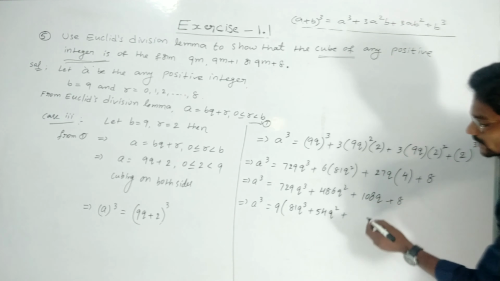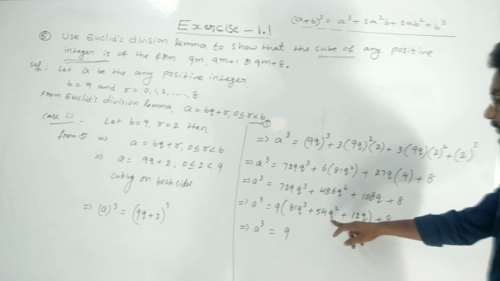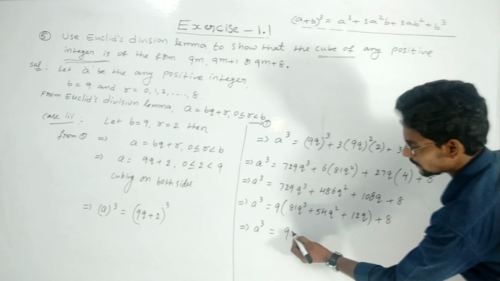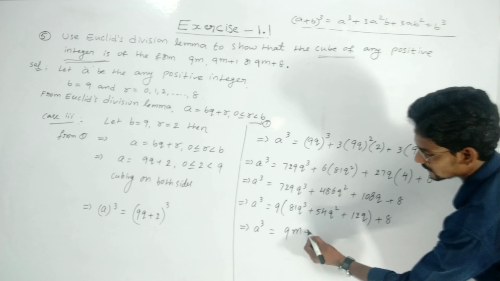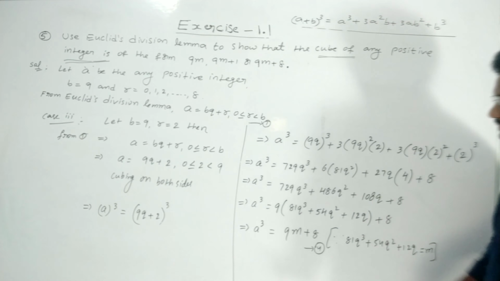That implies a cube is equal to 9 times (81 q cube plus 54 q square plus 12 q) plus 8. Let 81 q cube plus 54 q square plus 12 q be m, that is equation number 4.